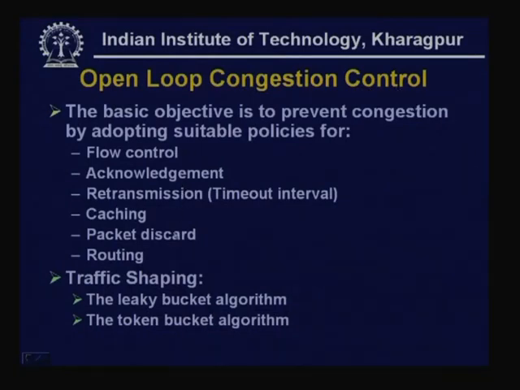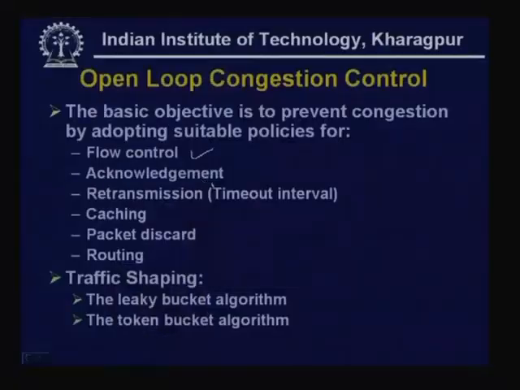And for that purpose, suitable policies can be adopted while doing various functions such as flow control. When flow control is being done, you know that there are various techniques used in flow control: stop and wait, go back N, or sliding window protocol. Now, whenever you are using sliding window protocol, the number of packets in the network will depend on the window size.